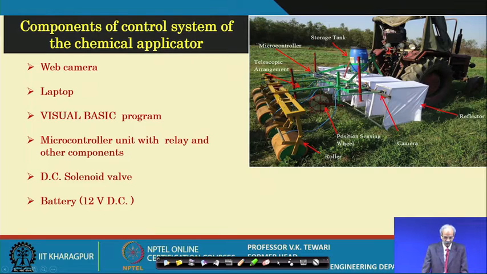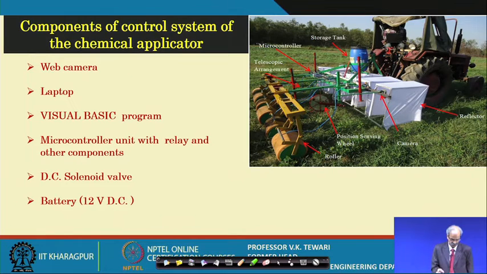What are the components of this chemical herbicide applicator? Well, they are simple. We need to know about the components of the control system of the chemical applicator. We know that the power source will be there and other components will be there, but here let us see the control system which is controlling the application of the chemical.